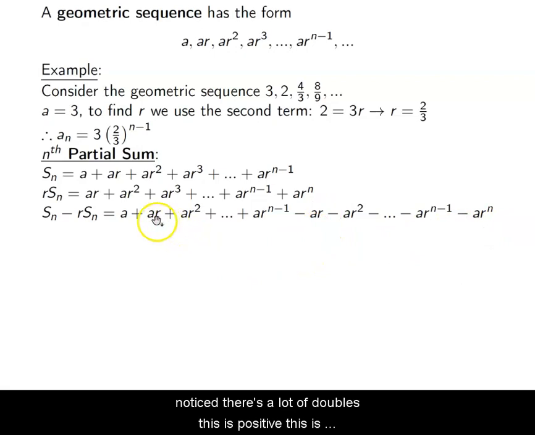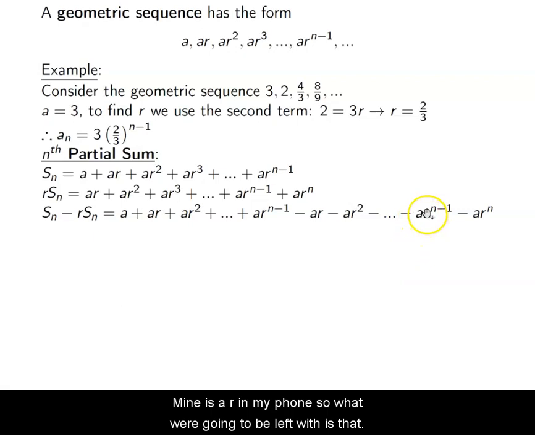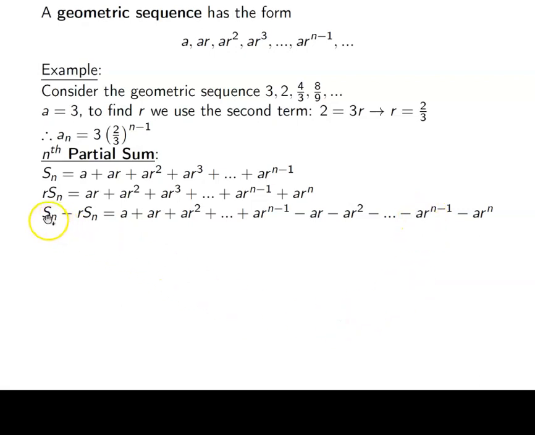If you notice, there's a lot of doubles. This is positive, this is negative, that'll cancel. A r squared, negative a r squared. A r to the n minus 1, minus a r to the n minus 1. So what we're left with is that the nth partial sum minus r times the nth partial sum is just a minus a r to the n.